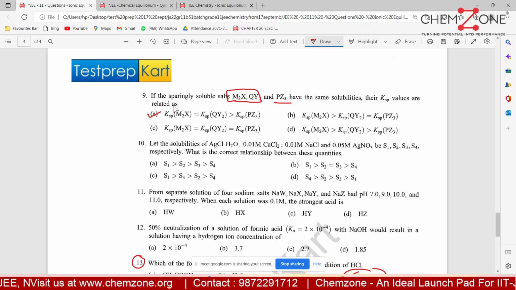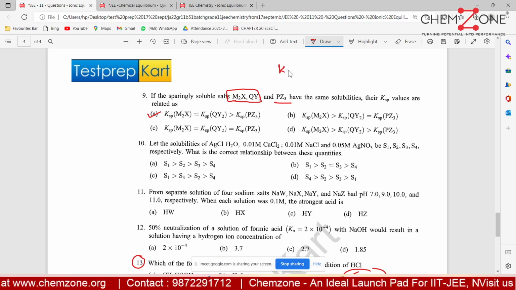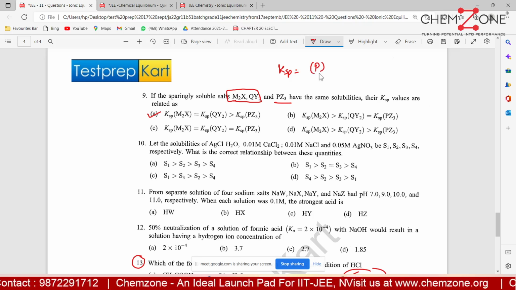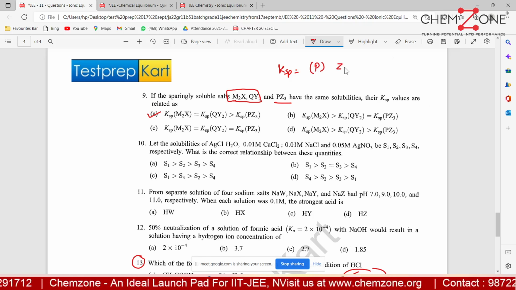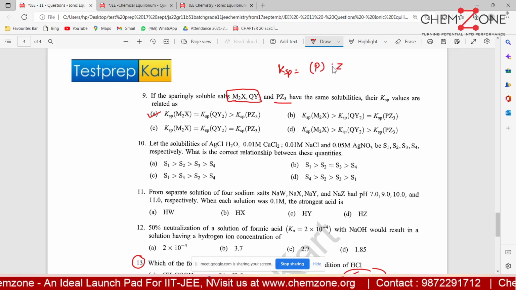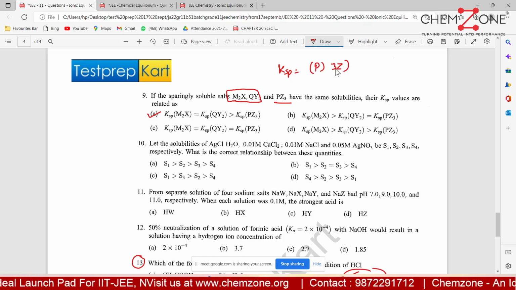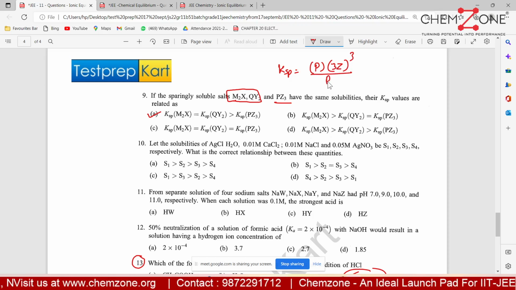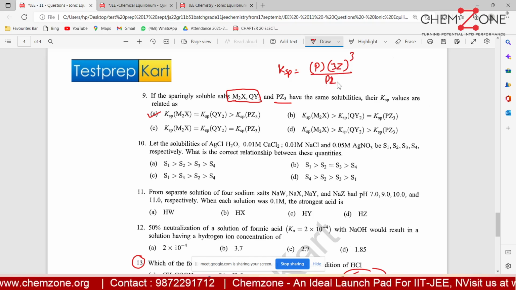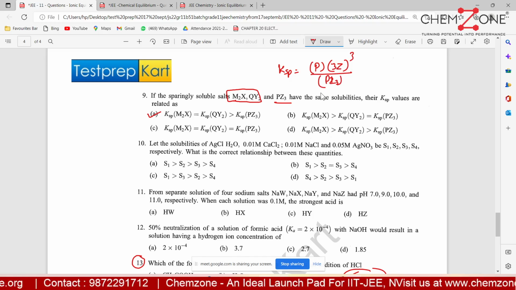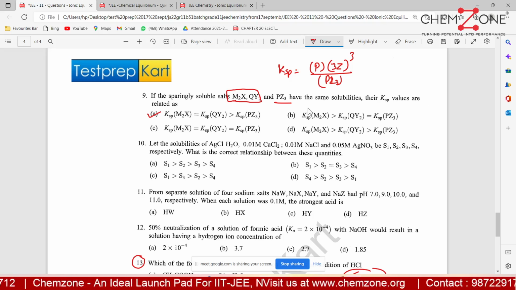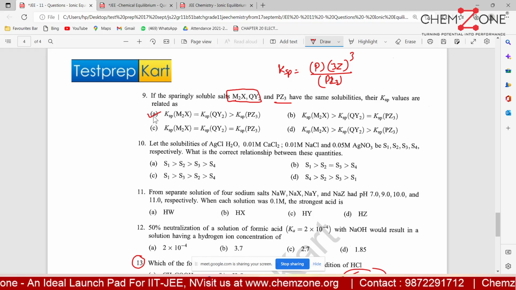So why? KSP is equal to what? Concentration of P, Z to the power 3 upon PZ, right? Yes, sir. That should have the maximum value. None of this is correct.